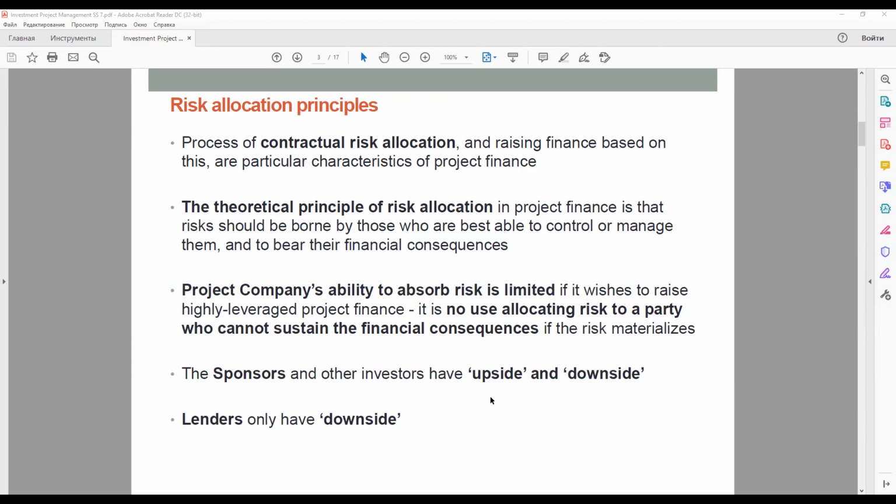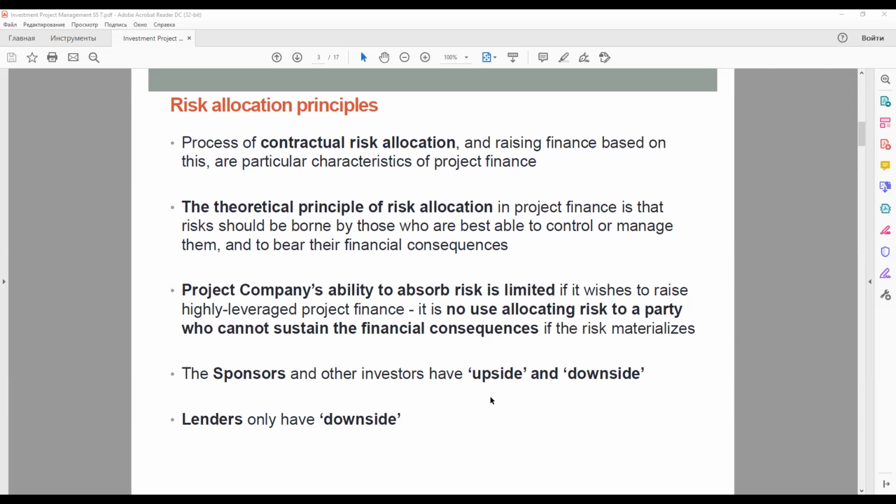But the process of contractual risk allocation and raising finance based on this are particular characteristics of project finance. The theoretical principle of risk allocation in project finance is that risks should be borne by those who are best able to control or manage them and to bear their financial consequences.